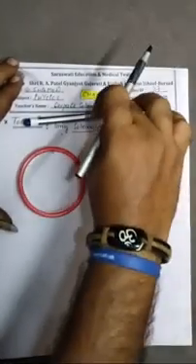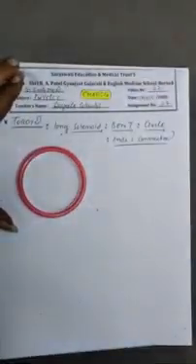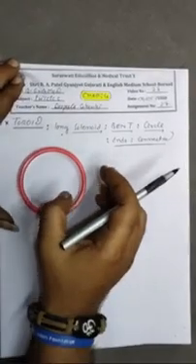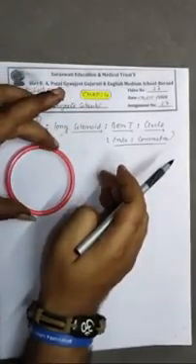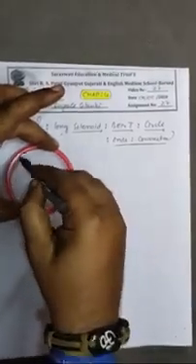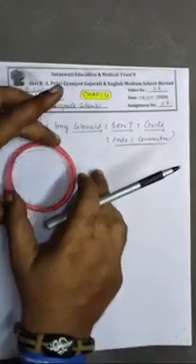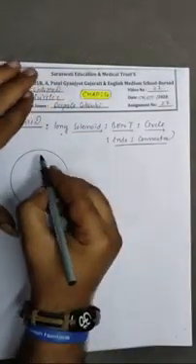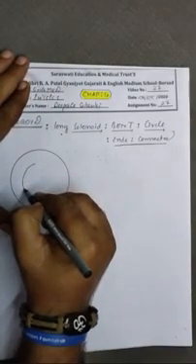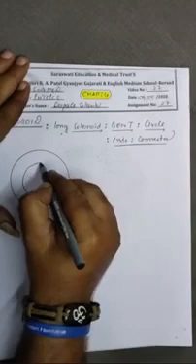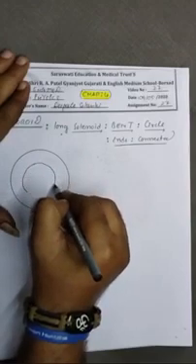Okay, so our long solenoid now becomes a toroidal ring. So let us see, a toroidal ring is like this. Okay, so it is a solenoid which is bent to form a circle.